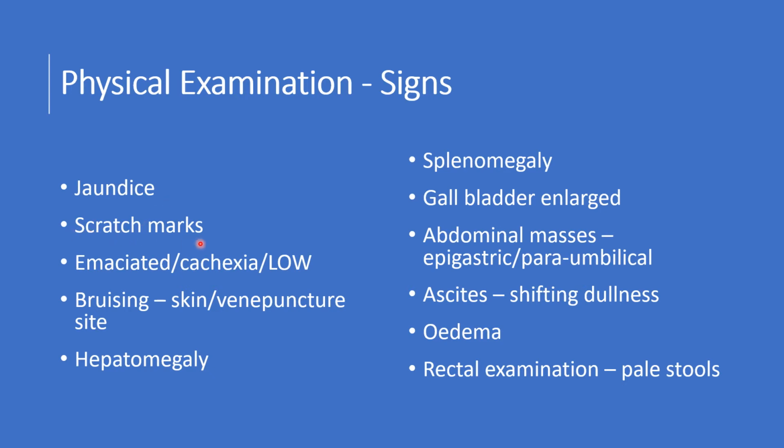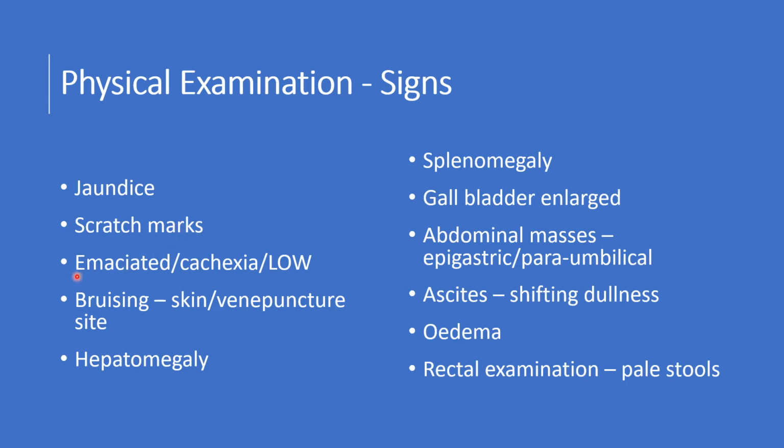You have to look for scratch marks due to obstructive jaundice, from the deposition of bile salts under the skin, and this is usually seen over the forearms, the chest, and the abdominal wall.